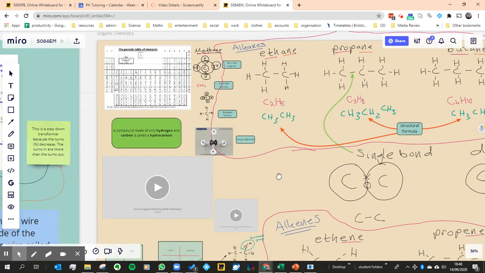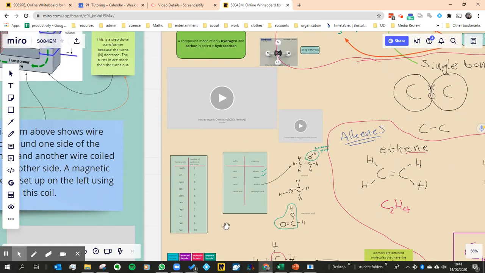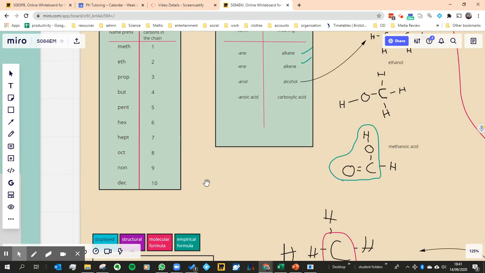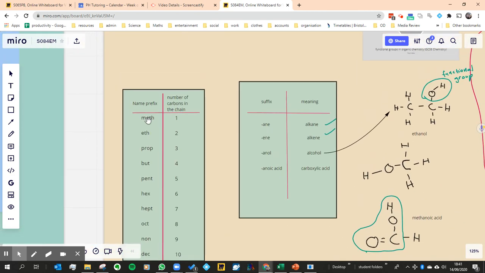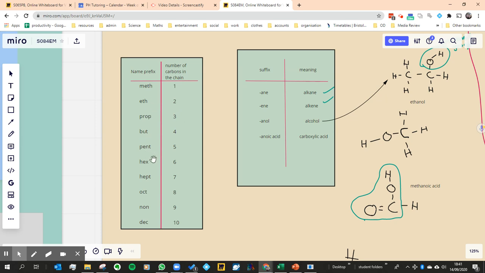They also want you to know about these kinds of things. I said how methane has 1 carbon, ethane has 2 carbons. So this table shows you how to name compounds based on how many carbons they've got, and this ending shows you what kind of carbon there is.